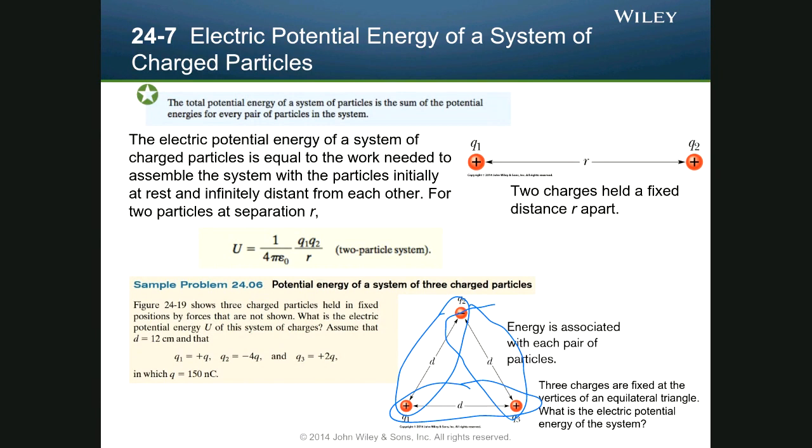So there will be 3 terms in U here for what's circled. You would do U equals, in this particular problem, Q1Q2 plus Q1Q3 plus Q2Q3.